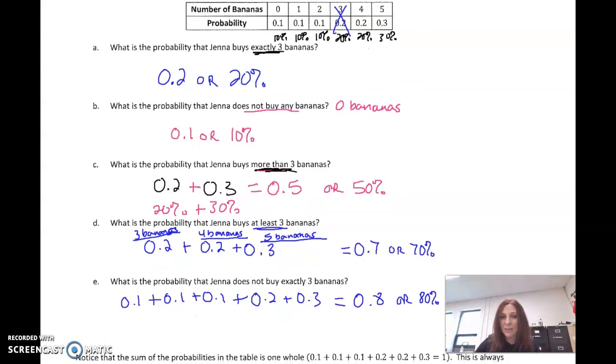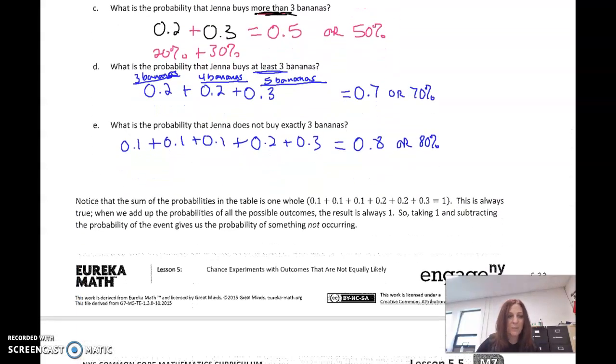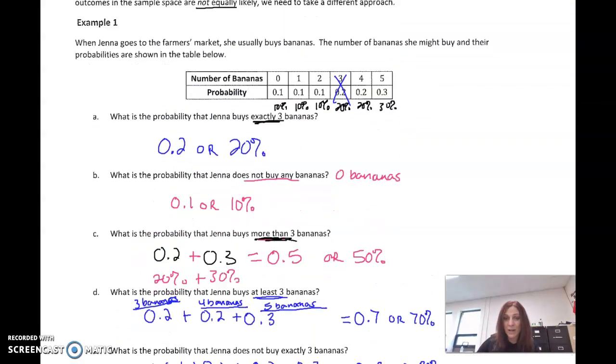But let me show you something in this next part here. Notice that the sum of the probabilities in the table is 1 whole. This is always true. When we add up the probabilities of all the possible outcomes, the result is always 1. So let me see. Okay, I'm going to get rid of this cross out here.